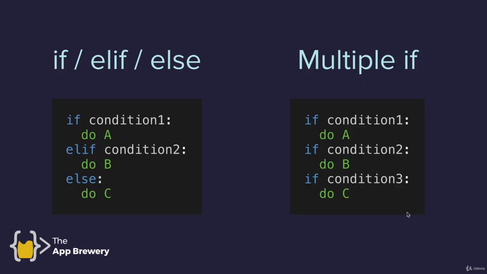But on the right-hand side, all three conditions are checked. And if it so happens that all three conditions are true, then A, B, and C will all be executed.